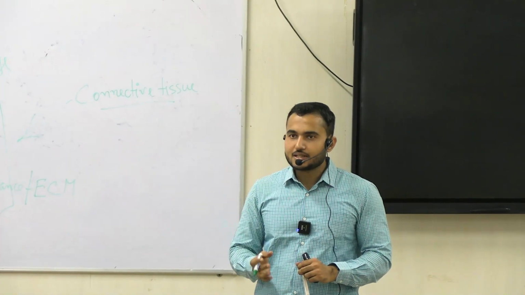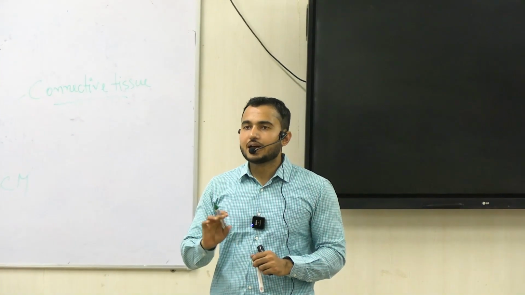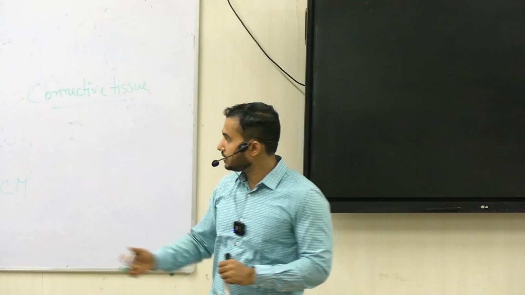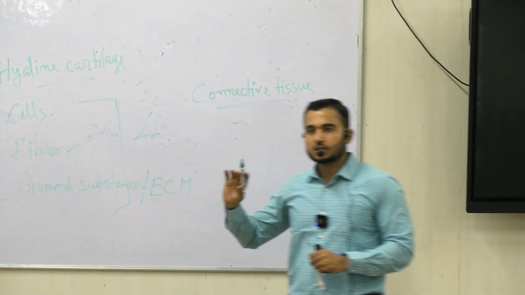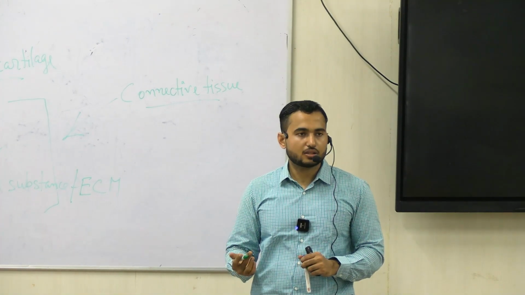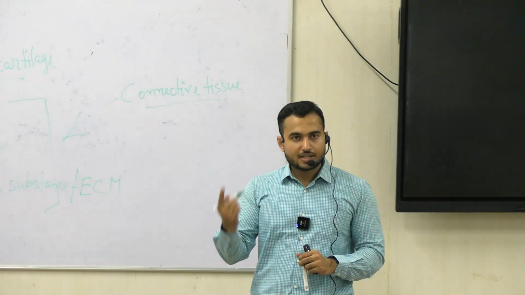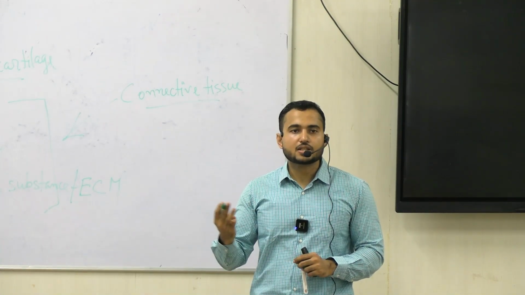Now, in generalized connective tissue, modifications are not present in ground substance. But when you take the specialized connective tissue, as I said, blood is there, bone is there, and cartilage. These are the three specialized connective tissues.